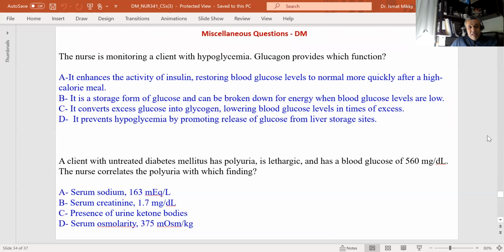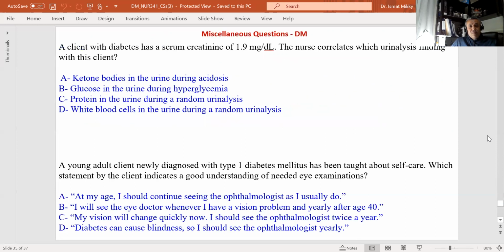Next question, answer is D. It prevents hypoglycemia by promoting release of glucose from liver storage sites. And the answer for the second one is also D. Serum osmolarity 375 milliosmoles. Next, the answer is C.